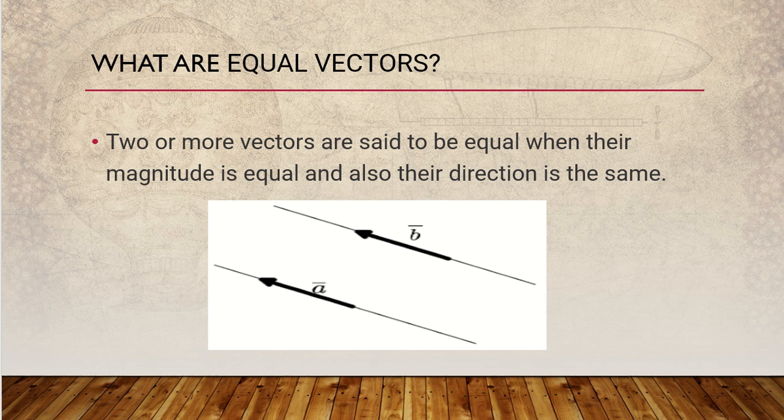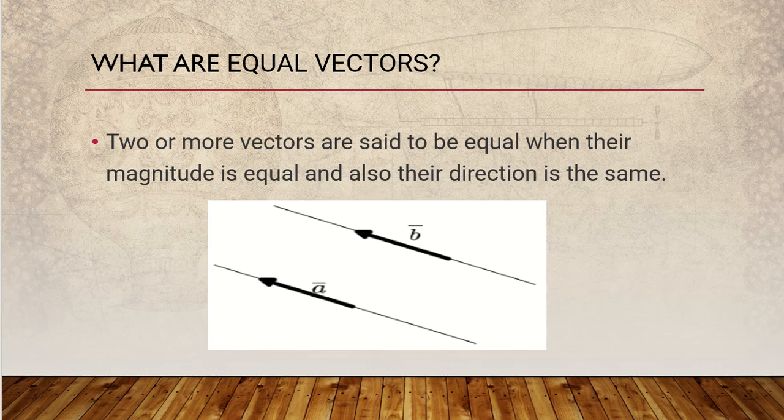The length of the arrow of vector A is the same as the length of the arrow of vector B, which means that vector A is having equal magnitude as that of vector B. Also, the direction of vector A is pointing similar to the direction of vector B. Hence, both are having the same direction.